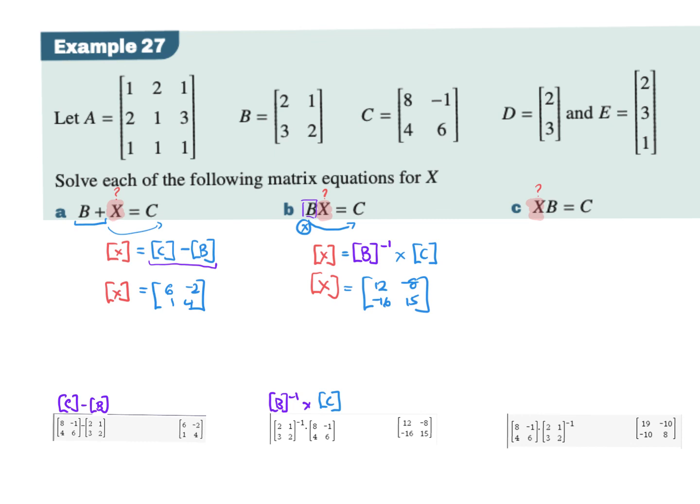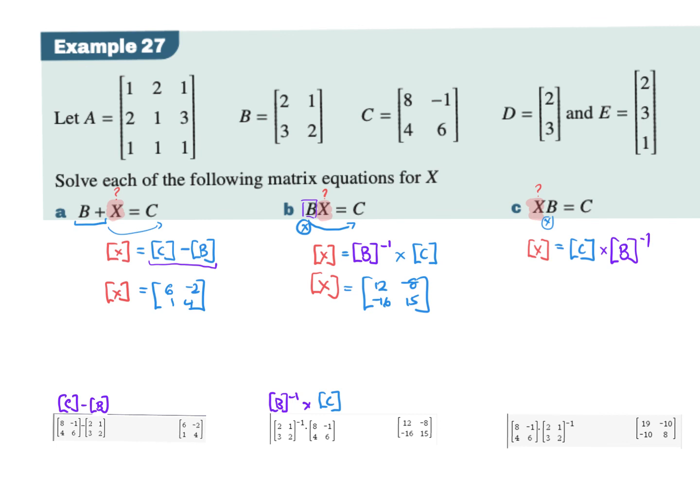With this last one, we can see that the b is multiplying against the x, so we're going to use the inverse. But in this instance, because b was getting multiplied after the x, when we're working it out, the inverse will be multiplied after the matrix that we're being given.